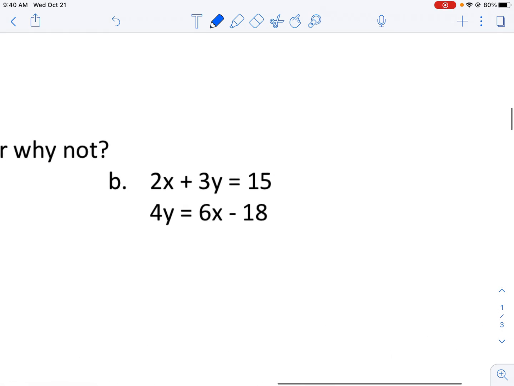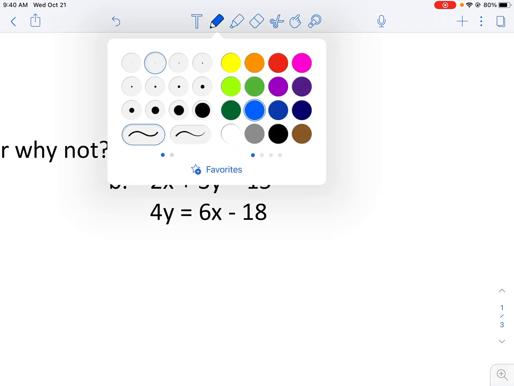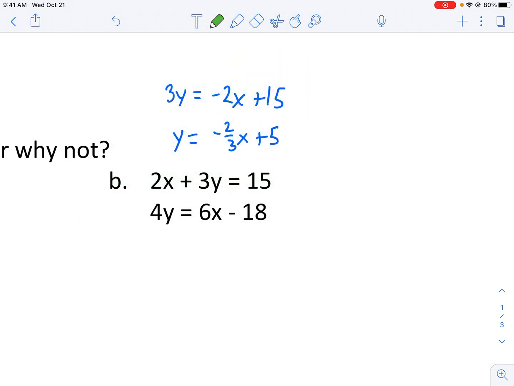Okay, let's come over to B. Let's find the slope of each of these lines. So the top line, we've got to subtract 2x. I'm going to write the x first, and then divide everything by 3, leaving us with negative 2/3 x plus 5. And then for the second line, just divide everything by 4, and you get 6/4 x minus 18/4.